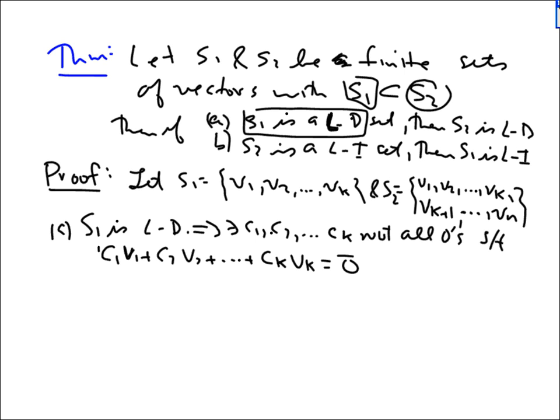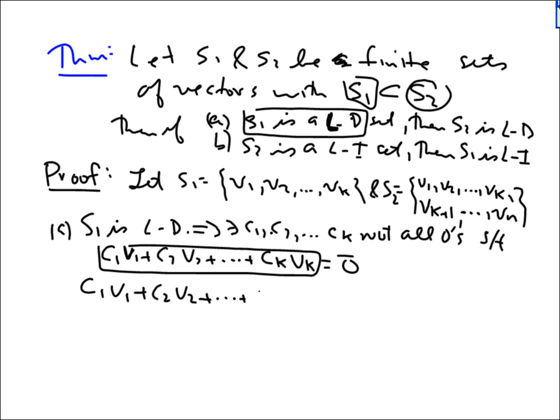Well, I know that whatever this is, whether it's a zero vector or not, if I add on the zero vector, it won't matter. C1 V1 plus C2 V2, all the way up to CK VK.